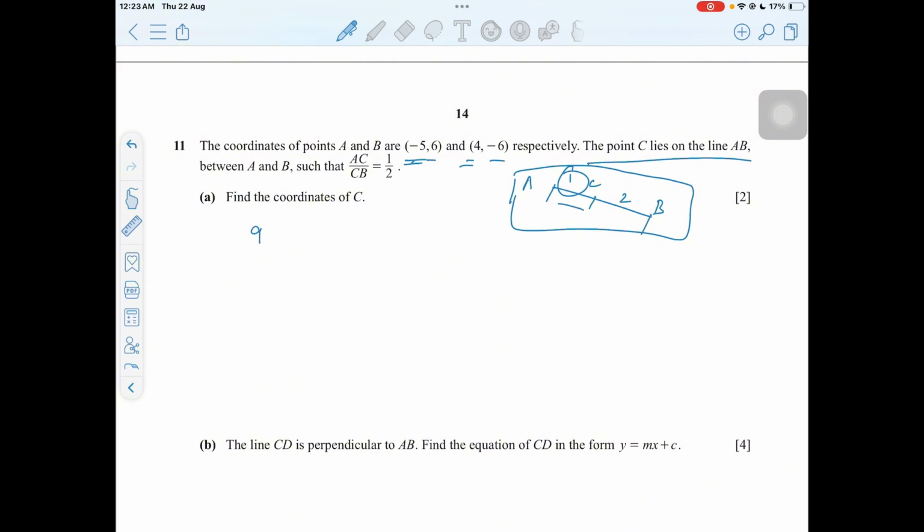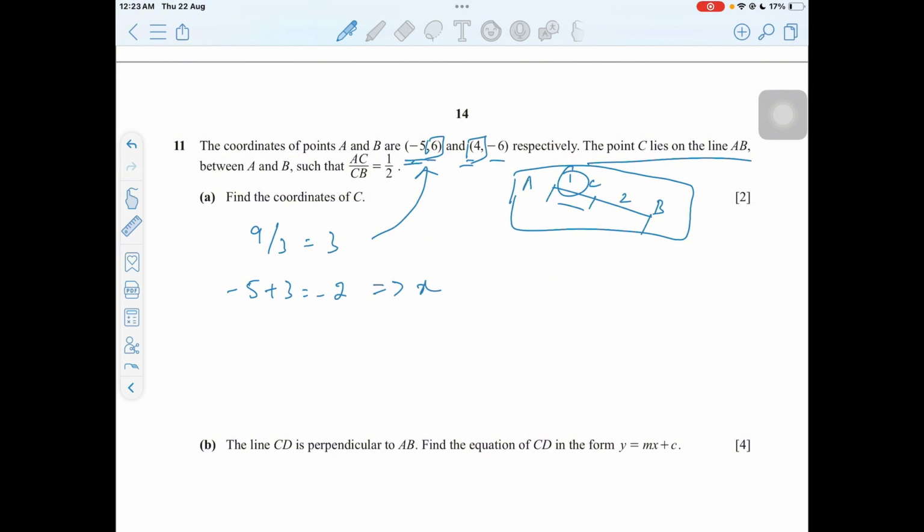We have to take a single part, so this would be divided by 3, or 9 is multiplied by 1 over 3. You can simply say this. So this is 3. And this 3 is basically added to go closer to this value, right? So this would be negative 5 plus 3 is equals to negative 2. We have our x coordinate as this.